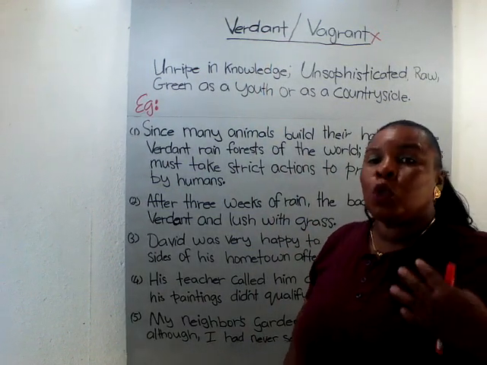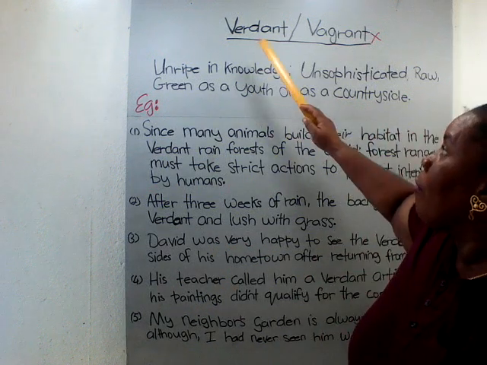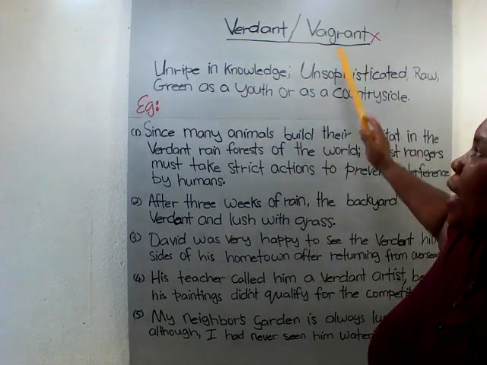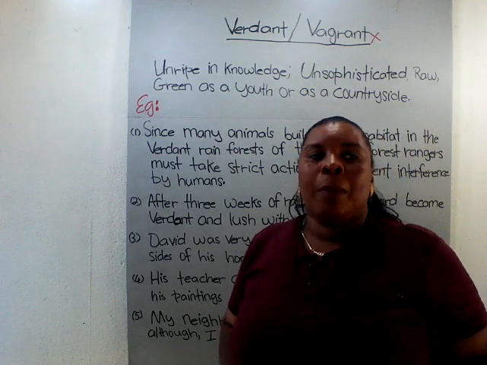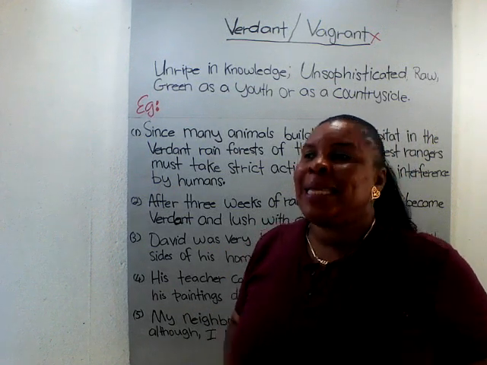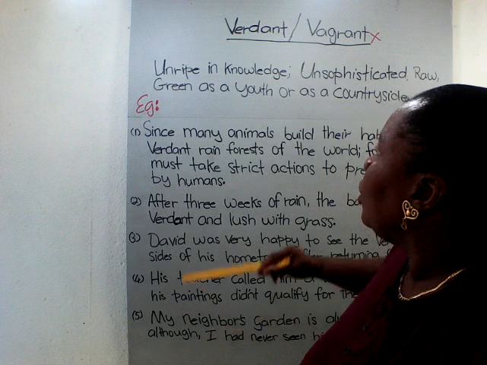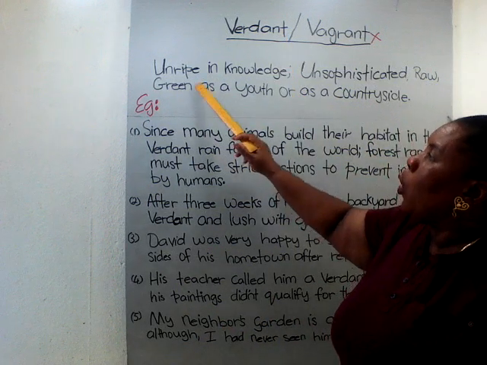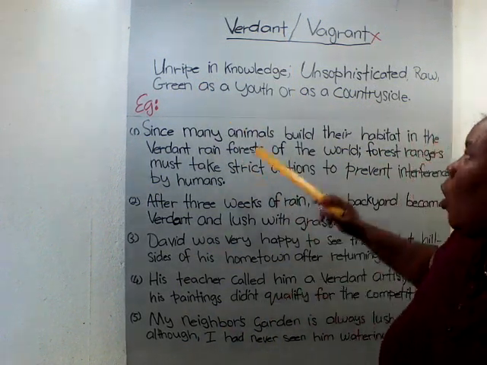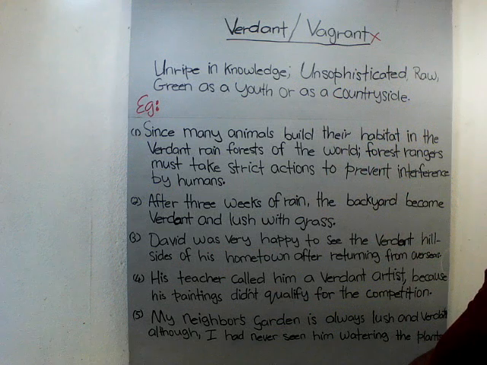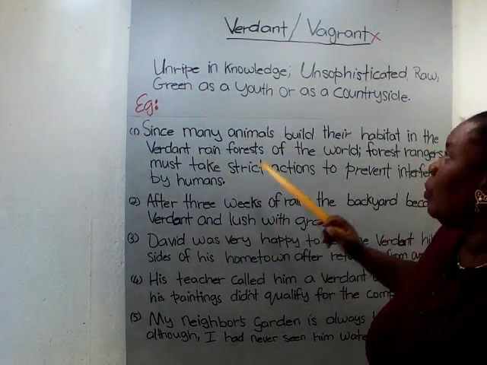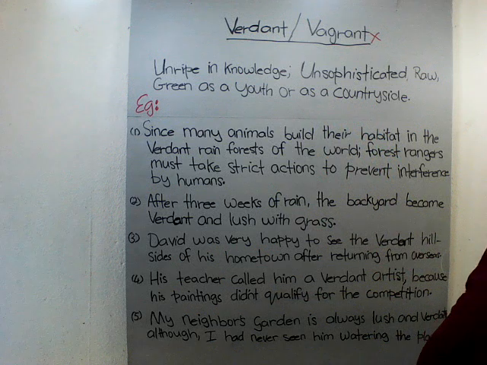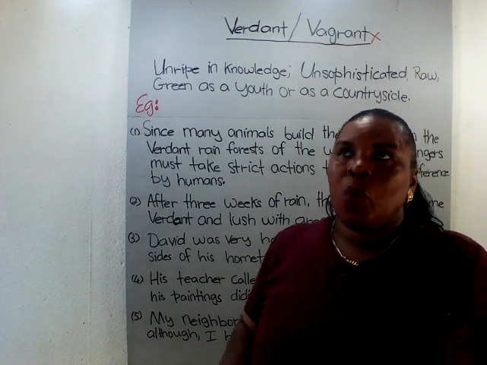You're learning two words here today, verdant and vagrant. Vagrant means a beggar, a person who is poor and is begging. All right? So verdant: unripe in knowledge, unsophisticated, raw, green as a youth, or as a countryside. So why a youth?